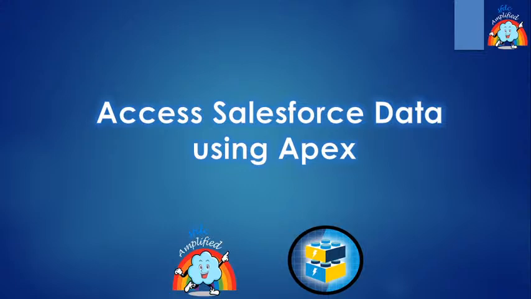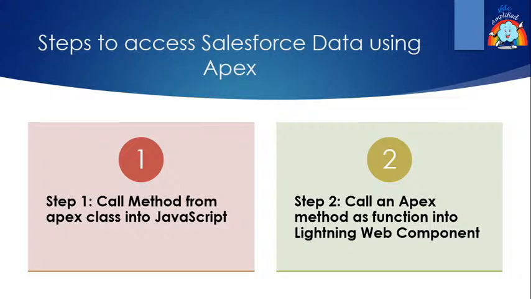So today's objective is that we will be discussing accessing Salesforce data using Apex. Basically the steps to access Salesforce data using Apex. Step one is call a method from an Apex class into JavaScript. And step two is call an Apex method as a function into Lightning Web Component.